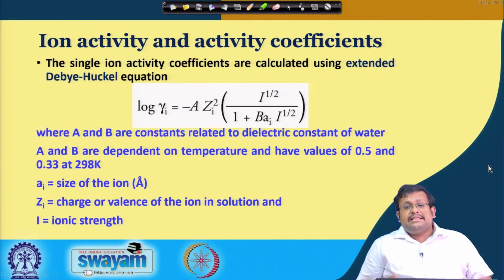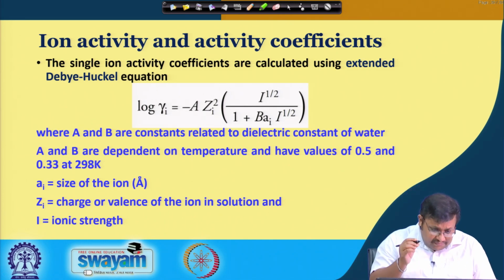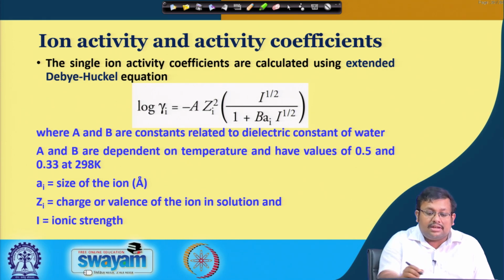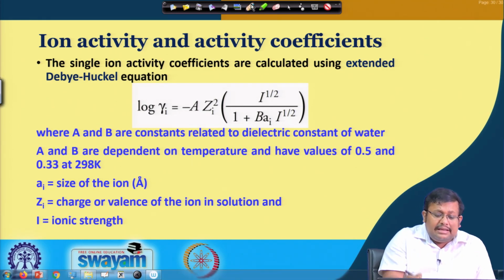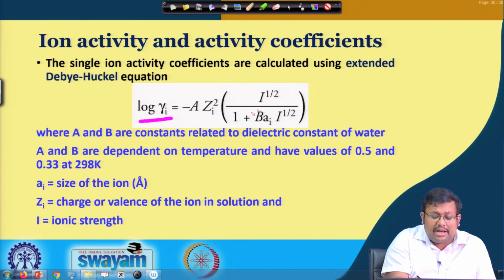So, let us consider another important thing, that is ion activity and activity coefficients. The single ion activity coefficients are calculated using the extended Debye-Hückel equation, where log of the activity coefficient is minus A Zi squared I to the power half over 1 plus B ai I to the power half.